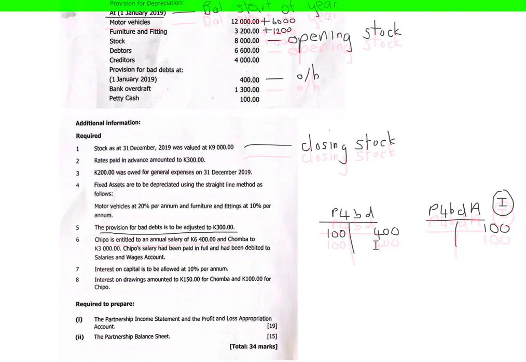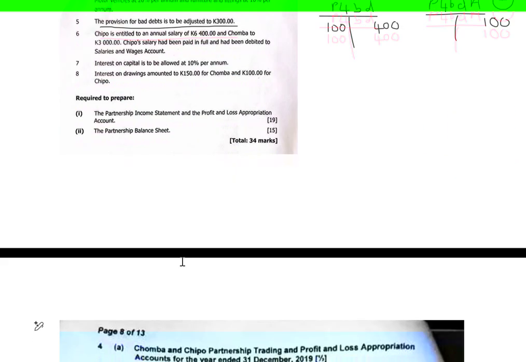Because we made this amount from 400 to 300, we are making the provision for bad debts smaller. When we make it smaller, the amount by which we are making it smaller is income, 100, right? So this provision for bad debts adjustment of 100 is other income.